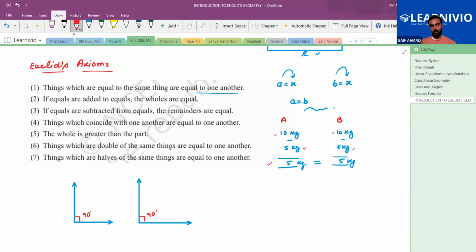And you know that if I put this angle on this angle, they will coincide.